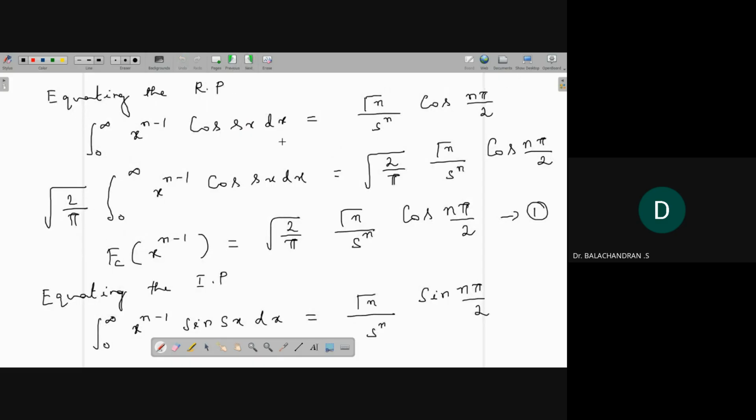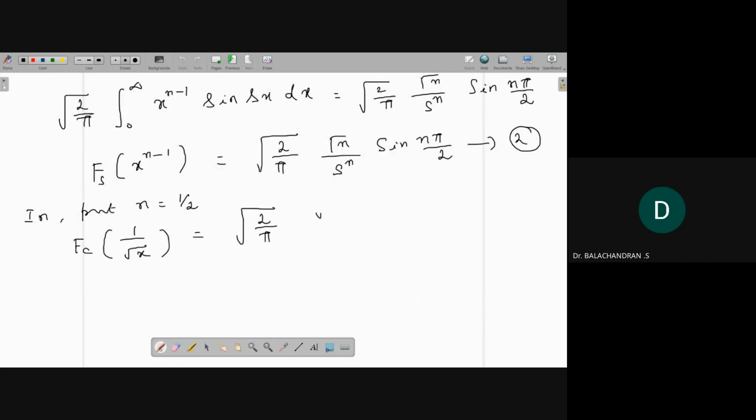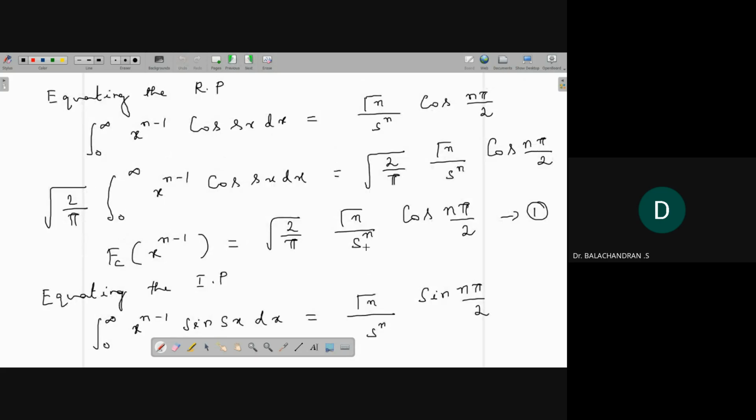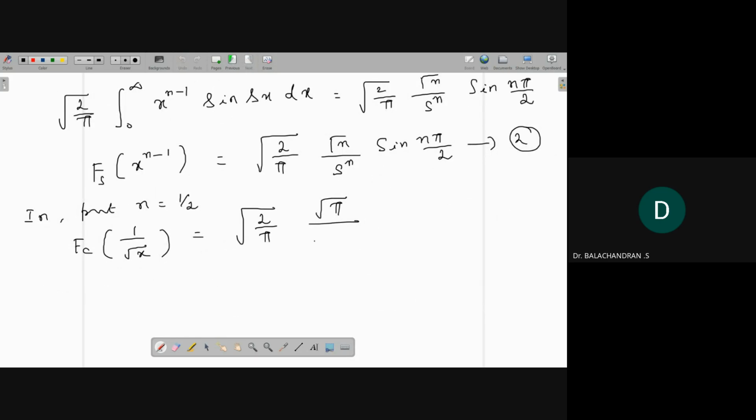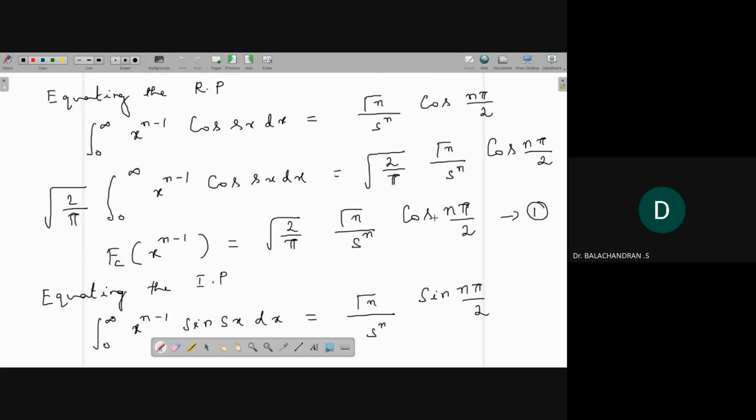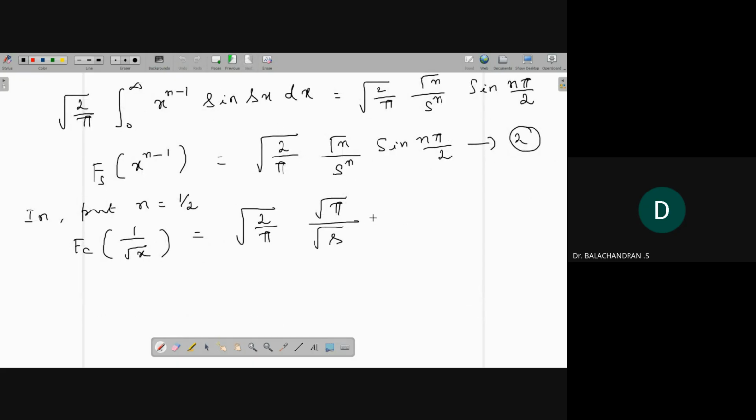Gamma of half is root pi, divided by s power n, that is s power half, which is root s, and then n equal to half, into cos pi by 4. Cos pi by 4 is 1 by root 2.